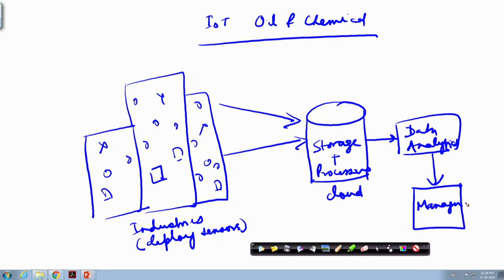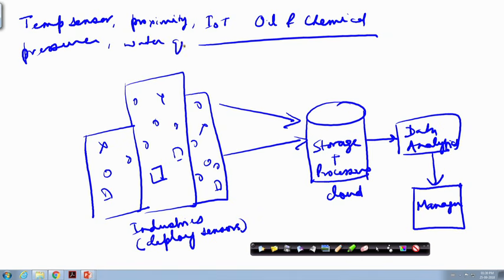And so, for chemical and oil industry, I have given different labels for different sensors that could be used. The different sensors that could be used could be your traditional ones, the common ones like your temperature sensor, different other sensors like proximity sensor, pressure sensor, maybe water quality sensor.